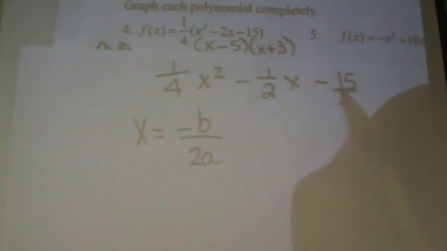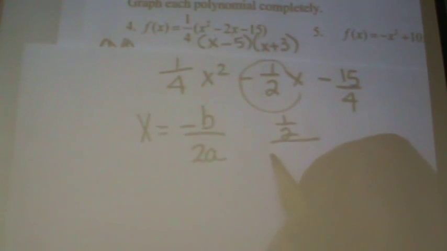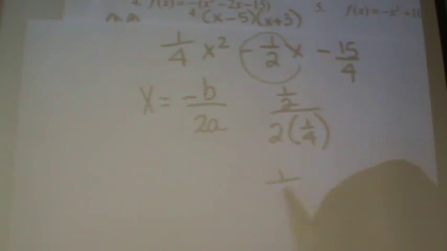So your b value is this right here. So it's 1/2 over 2 times a, 2 times 1/4. So 1/2 over 1/2 is equal to 1, and that's what we said.